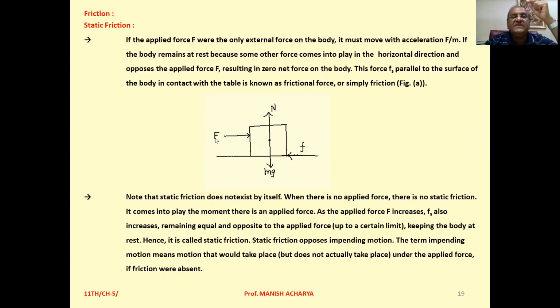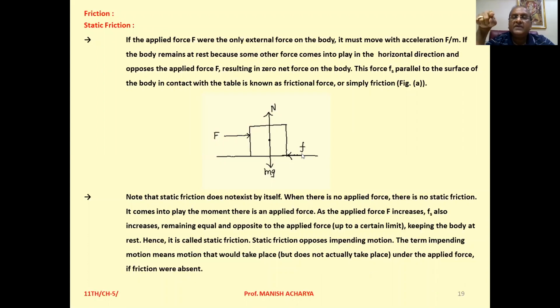That particular force is the frictional force, and that frictional force acts between the surfaces which are in contact. Clear?